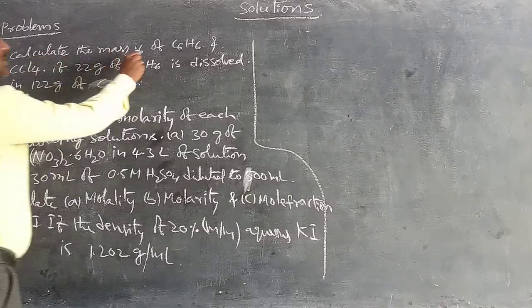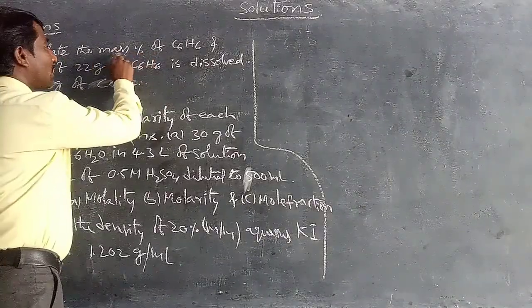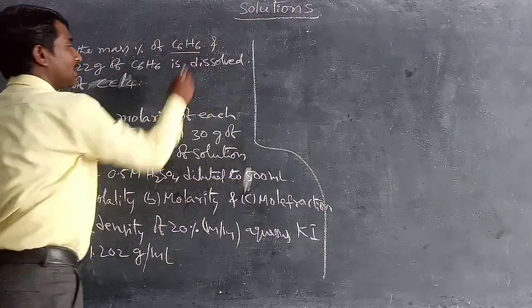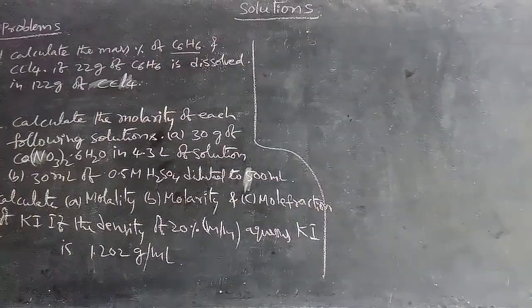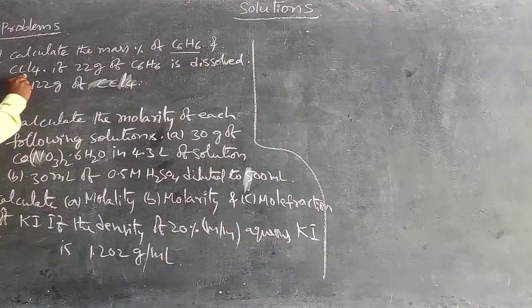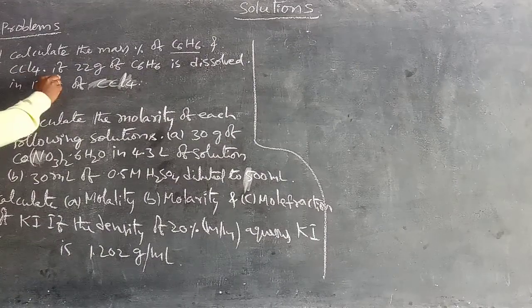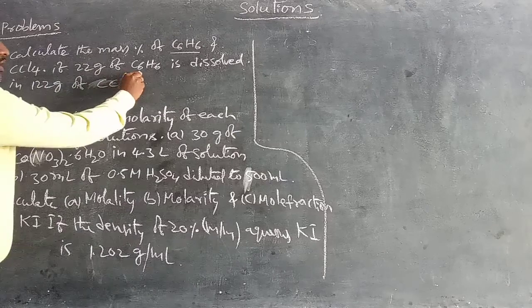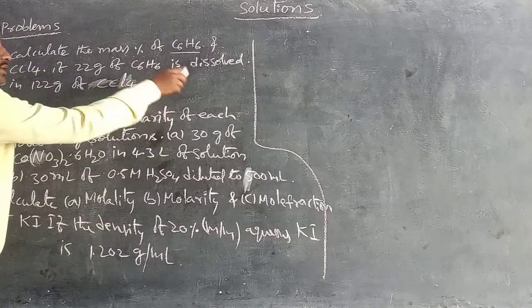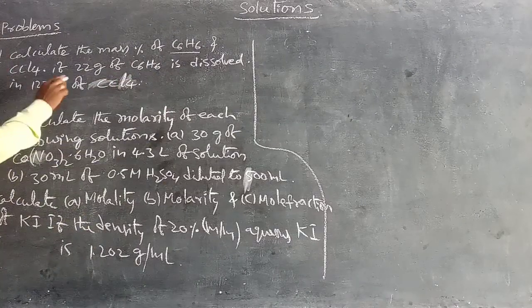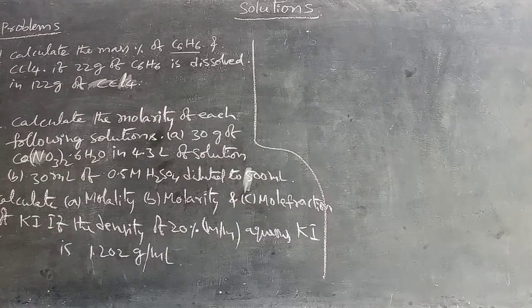Calculate the mass percentage of benzene C6H6 and carbon tetrachloride CCl4 if 22 grams of benzene is dissolved in 122 grams of CCl4.